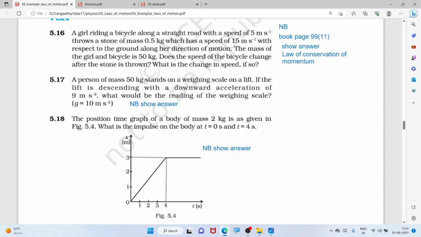A person of mass 50 kg is on a lift. See, as I said, on the lift the weight will vary whether it is moving upwards or downwards. This is downwards. With this much acceleration, what will be the resulting weight? 17.